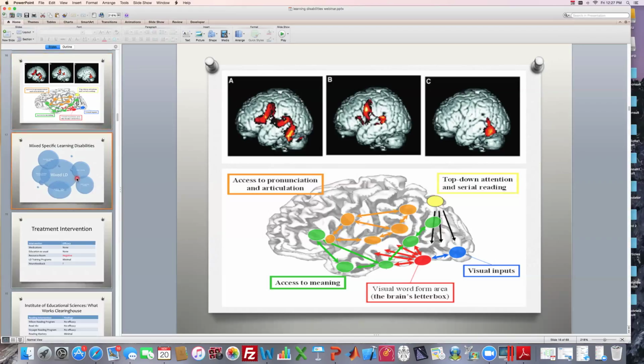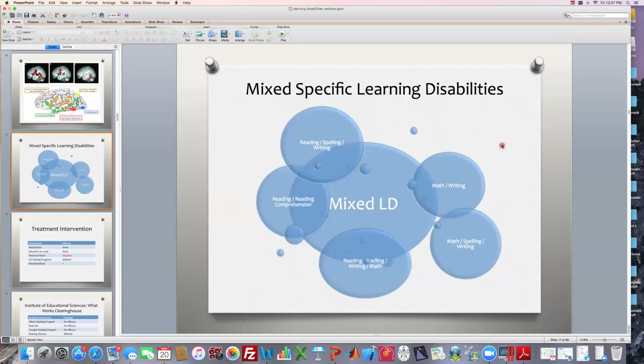Okay, moving along here. This is just a rendition showing you that most learning disabilities are actually mixed specific learning disabilities. So when we see someone with dyslexia or reading deficits, they will also almost always have reading comprehension problems, and they may also have writing and spelling problems as well. We can also have a group, as we learned from Sachs and Morris, that has primarily visual perceptual deficits.